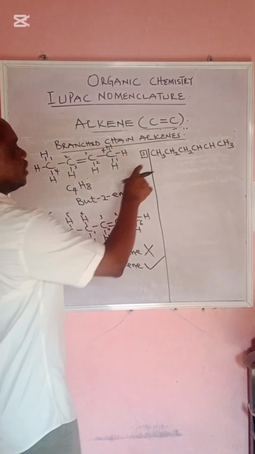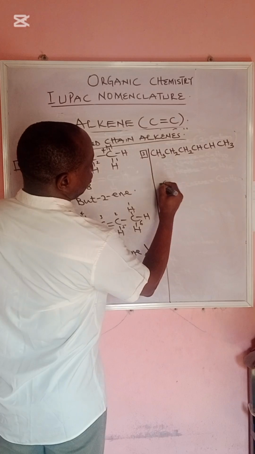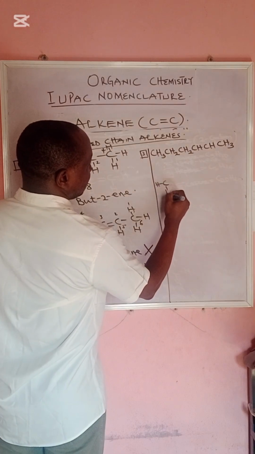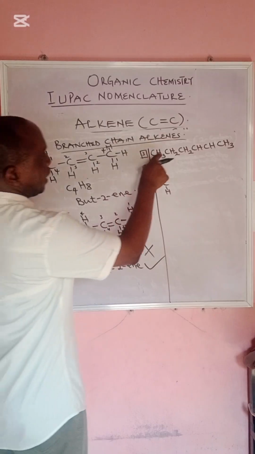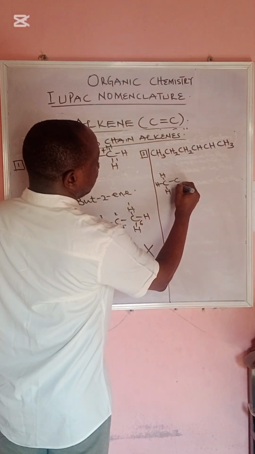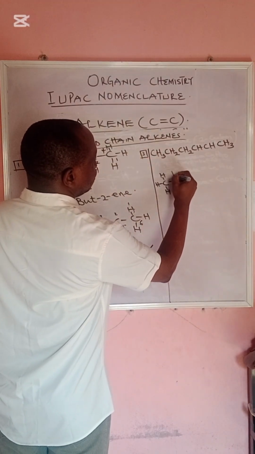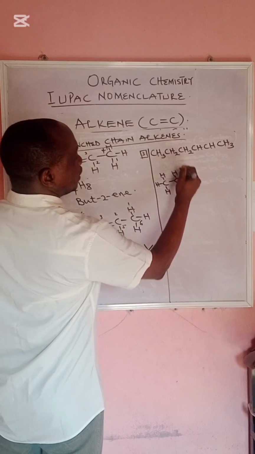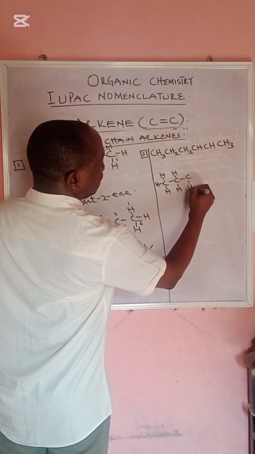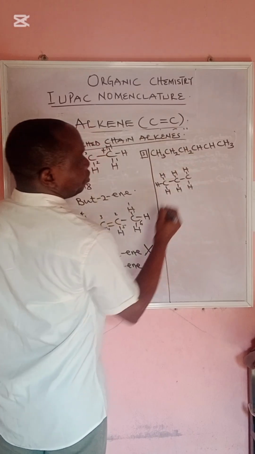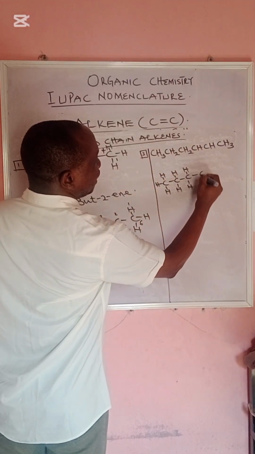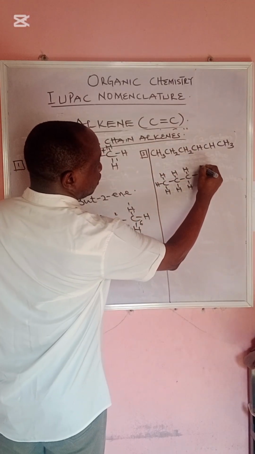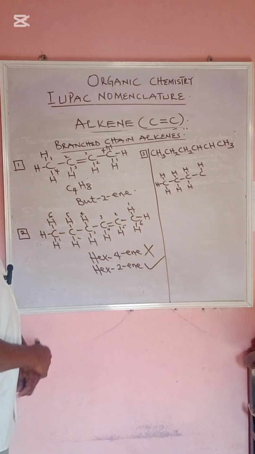Take note of that. So take carbon, let's put hydrogen here, hydrogen here, hydrogen here. I'm satisfied. Take another carbon, hydrogen down, hydrogen up. Take another carbon, hydrogen down, hydrogen up. Take another, we have carbon here with one hydrogen, let me put it up.